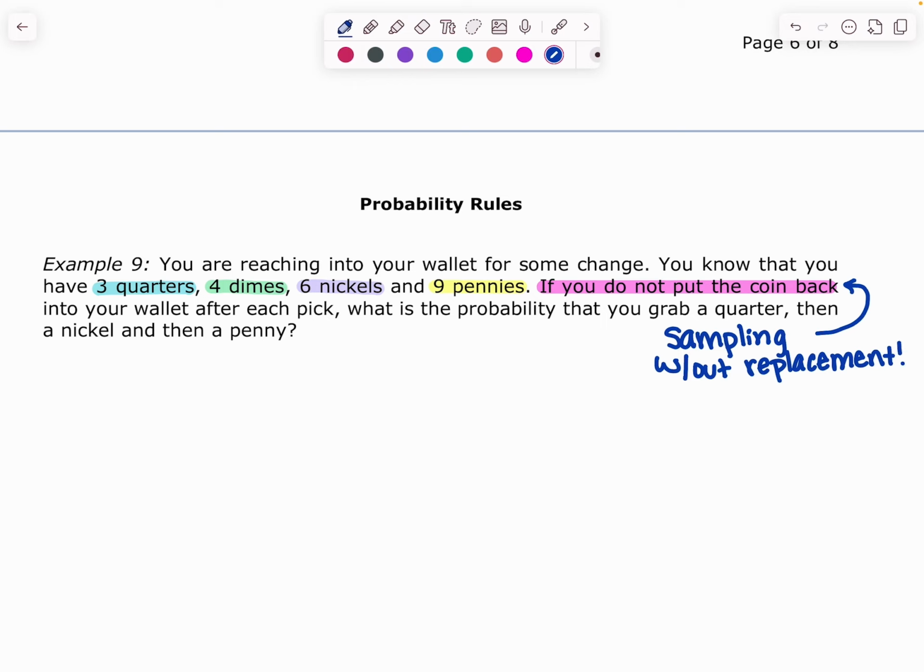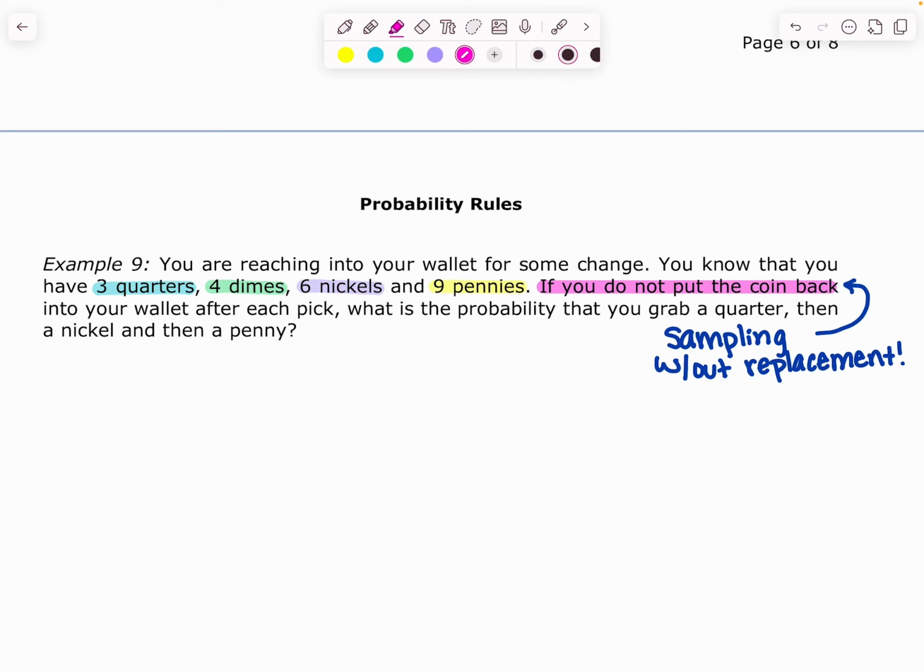And that makes this a dependent probability because the coin that I pull out the first time is going to affect what is left in my wallet for what I could grab on the next draw. So because I'm not replacing the coin after each time I grab a coin, this is a dependent probability. I'm affecting the probability with each coin draw.